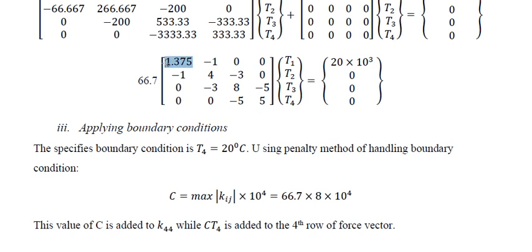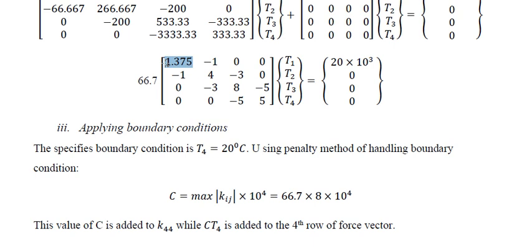Now in exam, if they ask, this calculation is very important. We cannot eliminate directly. We have to do something. In exam, if they ask, use penalty method of boundary condition, this is the approach. If they do not ask anything, you can use elimination method or penalty method. Usually elimination method will be easier.